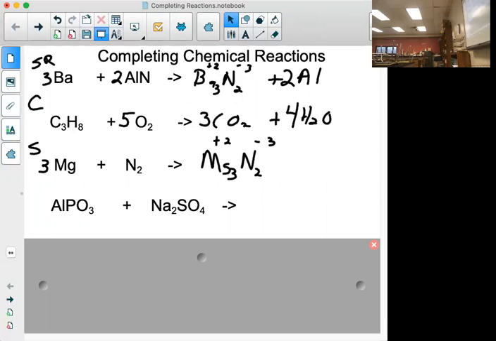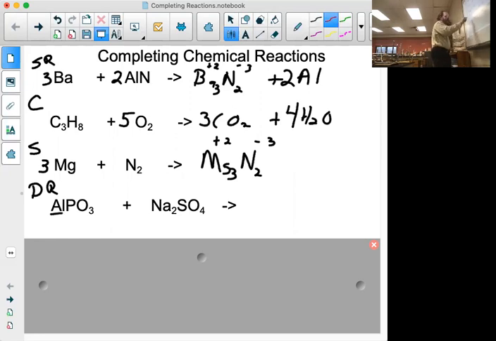All right, we have AlPO3, that's a compound. Na2SO4, that's a compound. So compound and compound, 2 compounds, double replacement reaction. All right, so we're going to swap partners. The cation, Al, and the cation on the other one is Na.